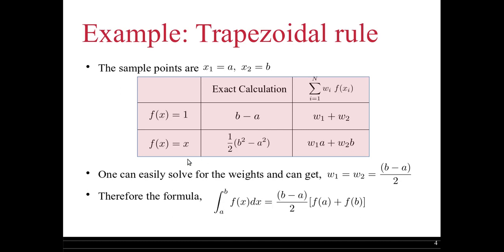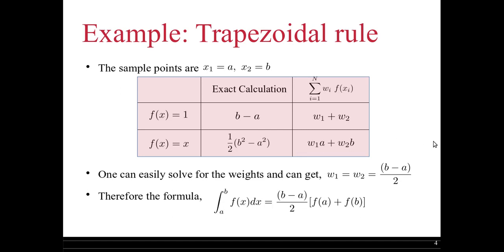One can solve for these weights by equating these: w1 plus w2 is equal to b minus a, and w1 a plus w2 b is equal to half of b square minus a square. So you can solve them, because there are two linear equations, and you can easily get w1 equal to w2 equal to (b minus a) by 2.